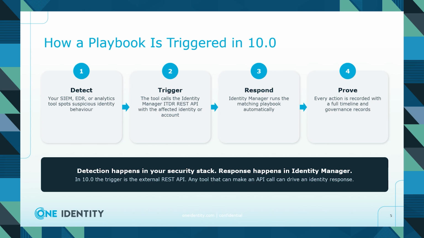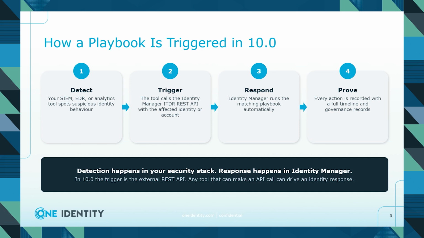Now, a really important thing to talk about is how this works in 10.0, because it really shapes how you should think about ITDR. So detection is already happening in your security stack, and the response happens in Identity Manager. So here's the flow. Step one, detect. Your SIEM, EDR, or ITDR analytics tool, something like Microsoft Sentinel, Defender, CrowdStrike, or Splunk, spots suspicious identity behavior.